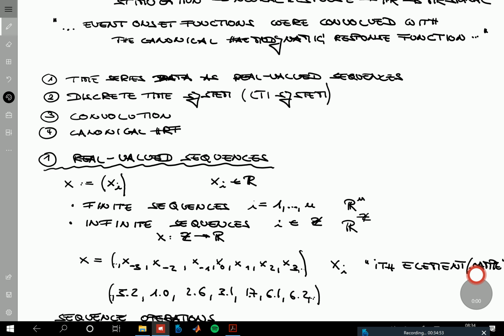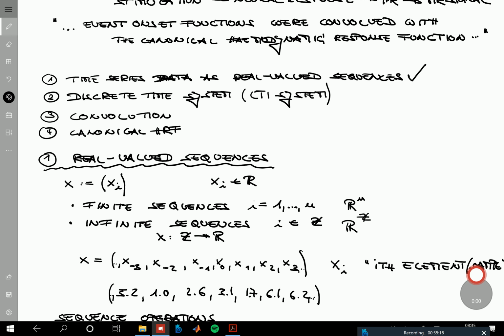We've seen that we can add such sequences, we can scalar multiply these sequences, and we can represent any sequence by an infinite sum of unit sample sequences, where the unit sample sequence is just the sequence that has a 1 at its defining k value and zeros everywhere else.